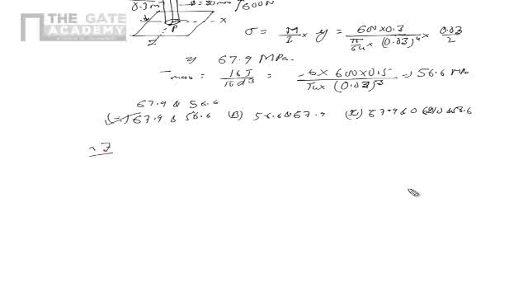The maximum principal stress in MPa and the orientation of the corresponding principal plane in degrees are respectively. Okay, maximum principal stress. Now what is the maximum principal stress? Sigma P max is nothing but sigma x plus sigma y by 2.